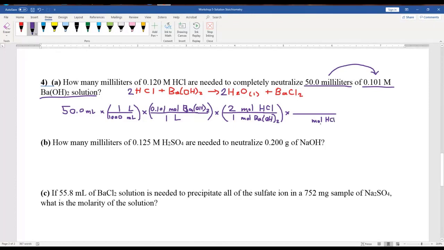And what goes on top? Liters of HCl. Yes, exactly. I don't want to go back to any other substance. I need to get to the volume. And can I convert from moles to liters? Yes, because I have the concentration to do so. So what number goes in front of moles and what number goes in front of liters?